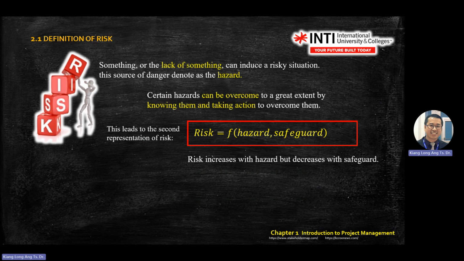Okay, so this one is just elaboration. Most of the time in the realistic case, you cannot reduce the hazard. The hazard is there. You cannot reduce it. So if you want to bring down the risk as a whole, you increase the safeguard parameter.